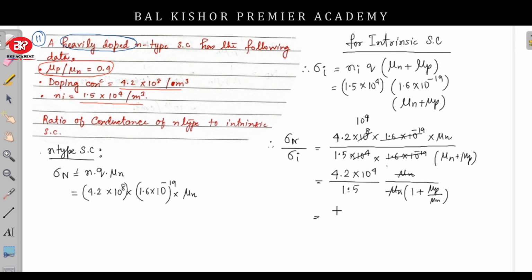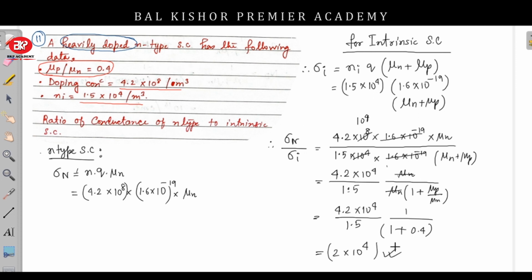So it will be 4.2 into 10 to the power 4 divided by 1.5, into 1 by (1 plus 0.4). So if I calculate this, then I will get it as 2 into 10 to the power 4. So this will be the value of the ratio of sigma n by sigma I.